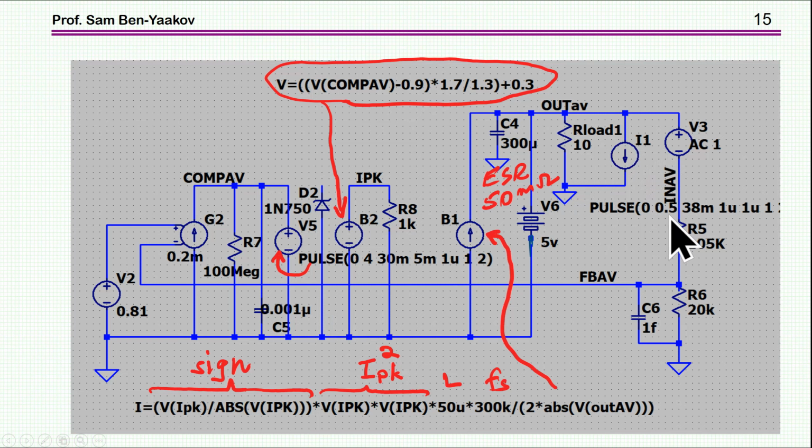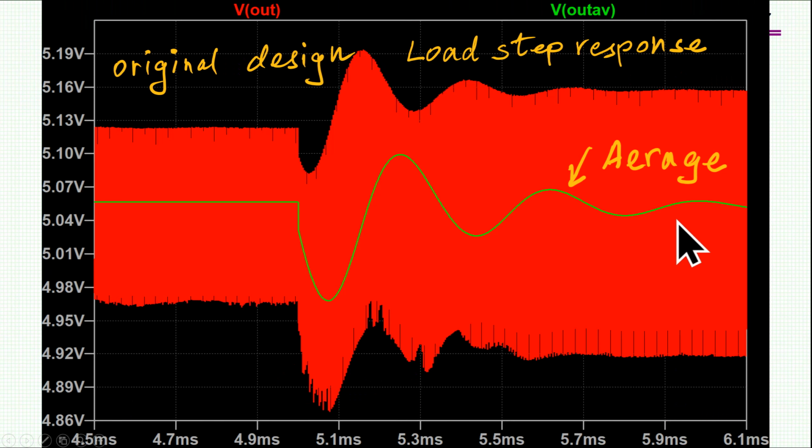This is done here and in the actual LT-Spice model, the time domain simulation. So what I see here is the response of the time domain simulation. Obviously I can see the ripple at the output, and this is now the response of the average model. And as you can see, this is very good. A very good match between the average and the time domain simulation.